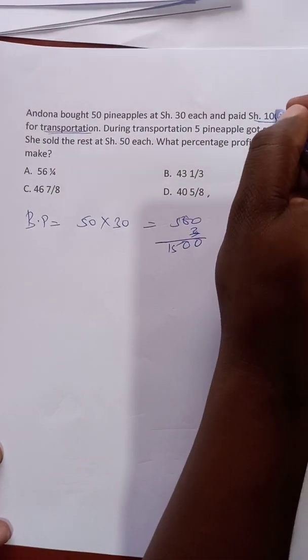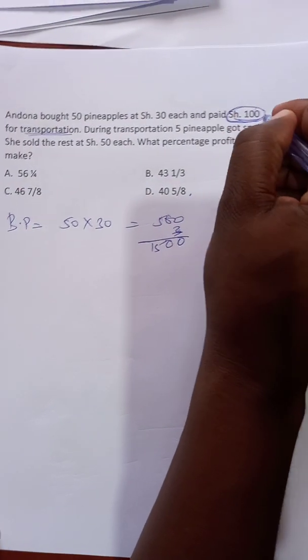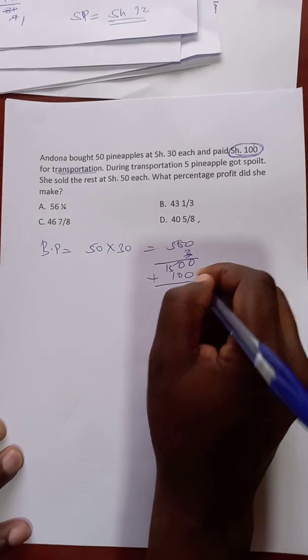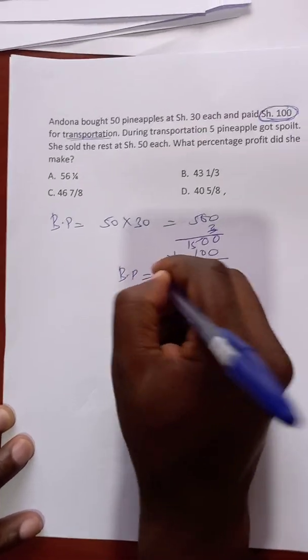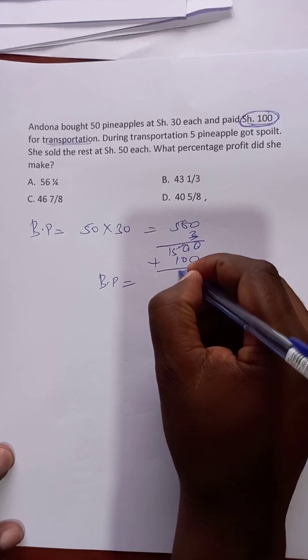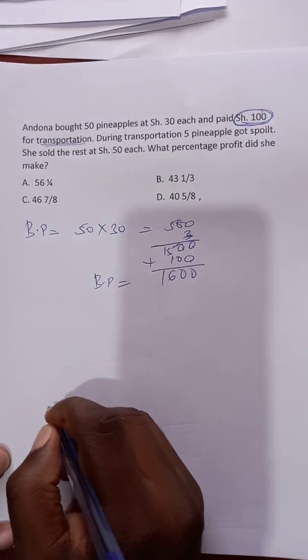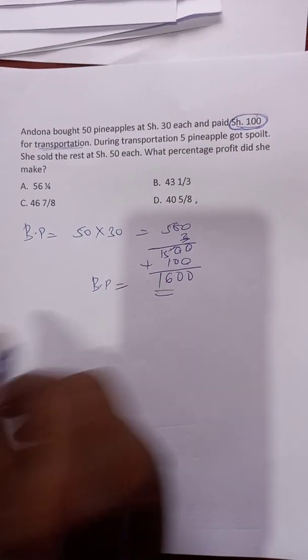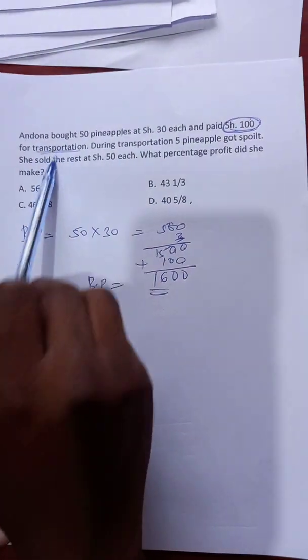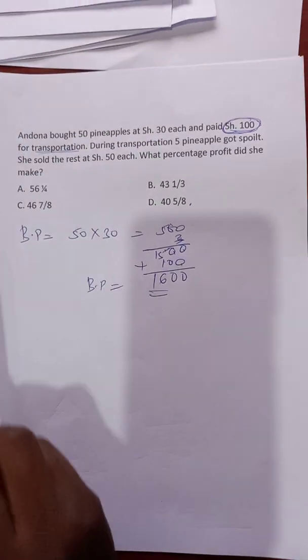Then you have to add the cost of transportation, which is 100 shillings. So our buying price is shillings 1,600. Learners, always remember to add transport to the buying price.